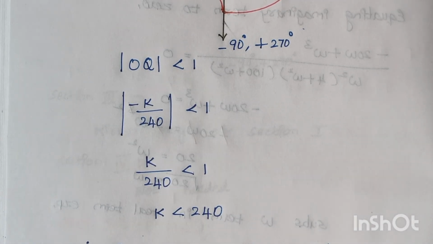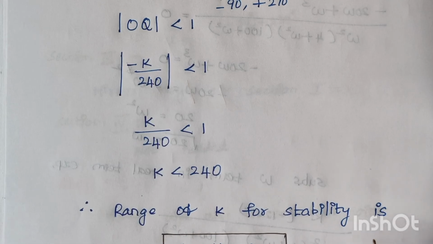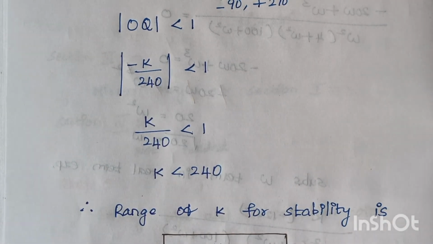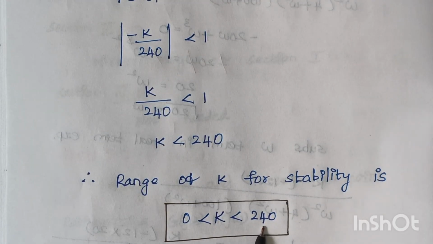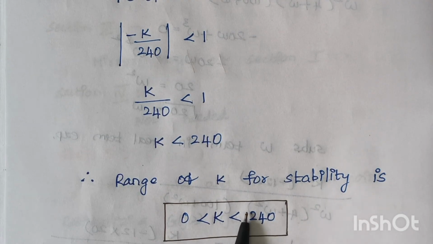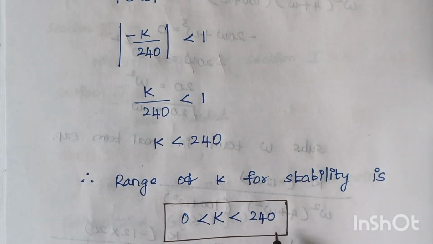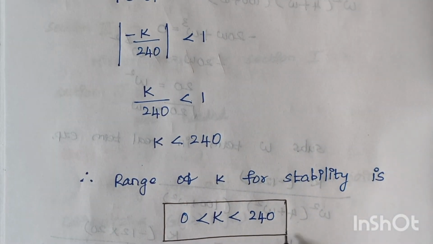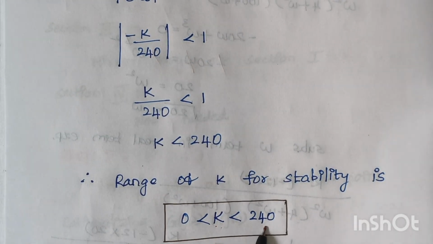So for the system to be stable, the value of k should lie between 0 to 240, that is, it should be less than 240, right? Suppose if you have equal to 240, even equal to is also possible, but we will stop with this. The value of k should lie between 0 to 240, right?